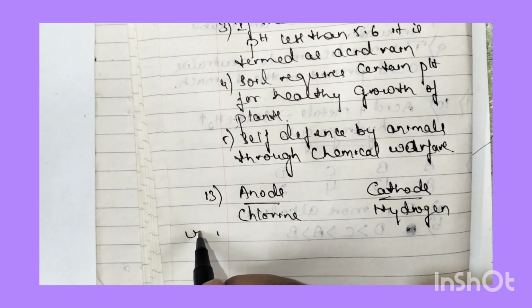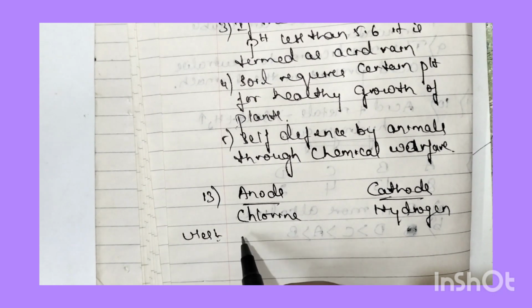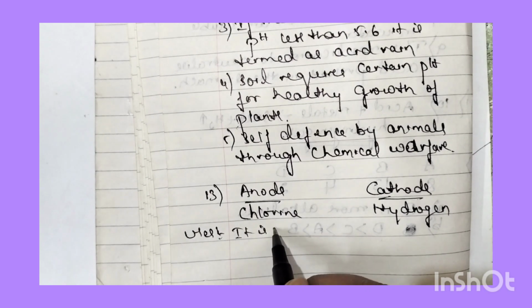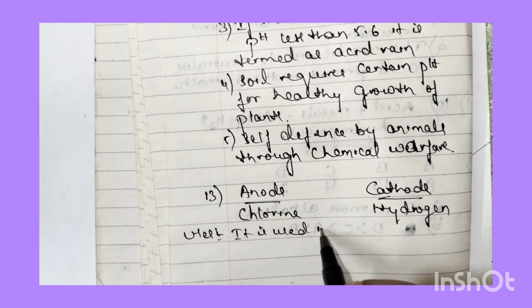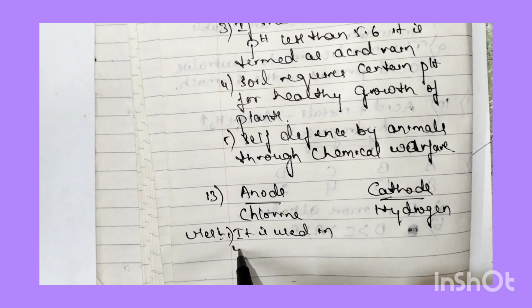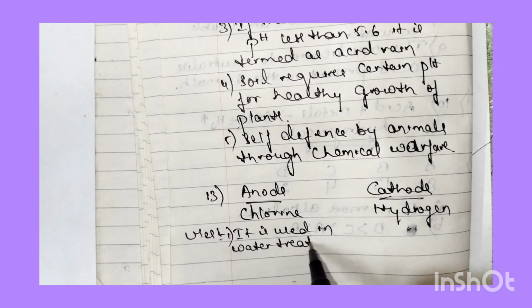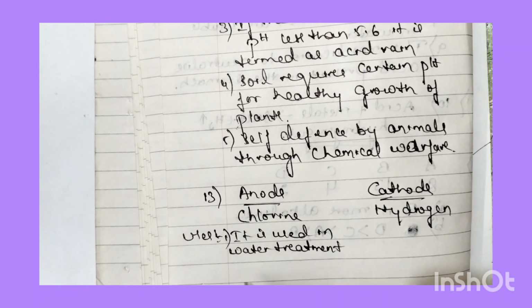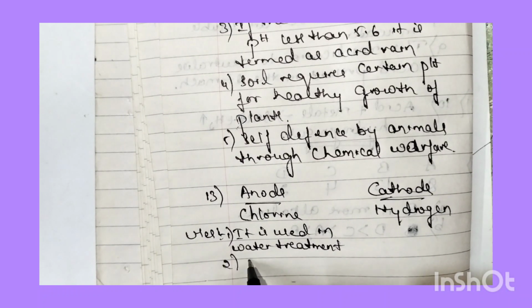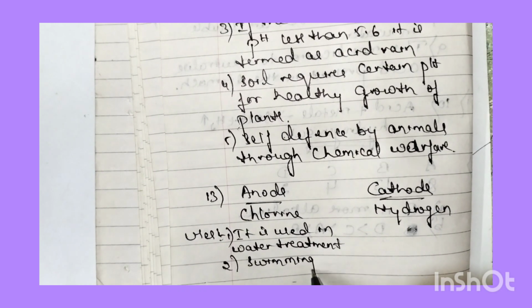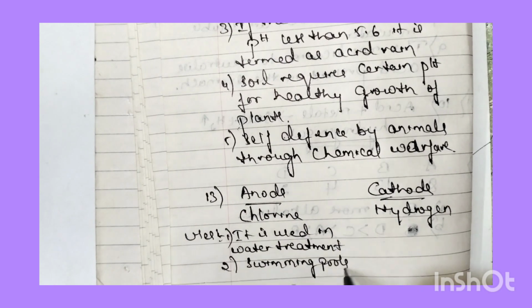So uses of chlorine gas. Where can chlorine gas be used? It is used in water treatment. Then the second use is it is used in swimming pools.